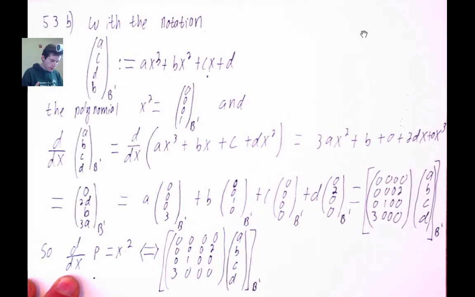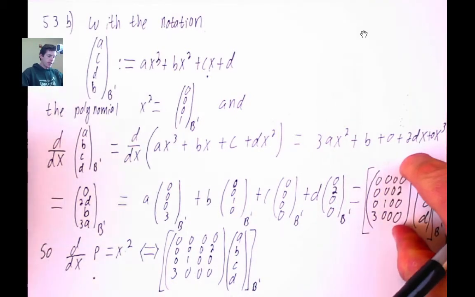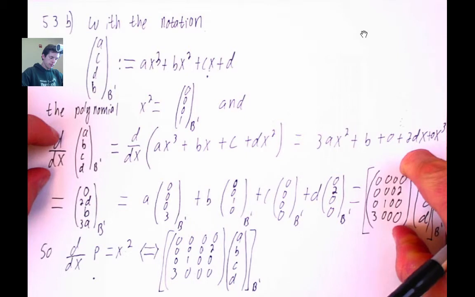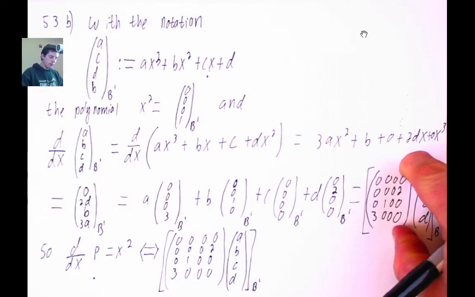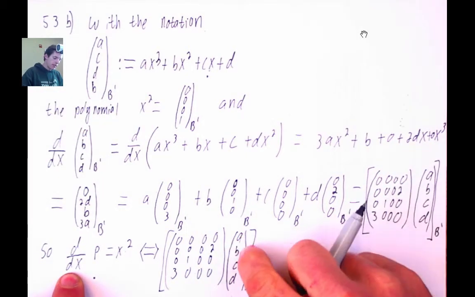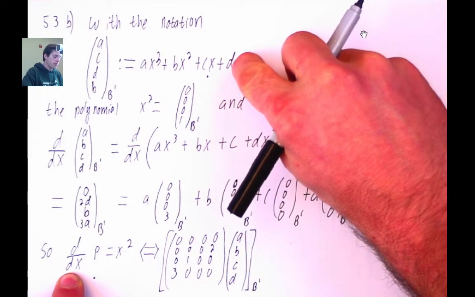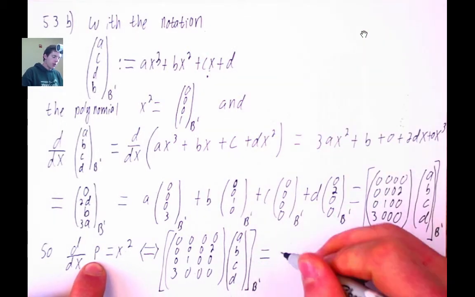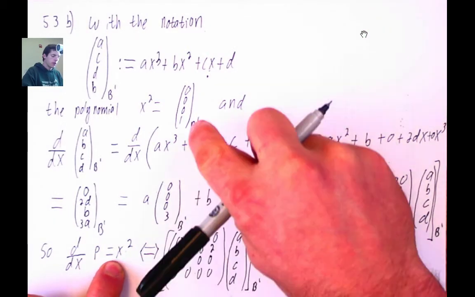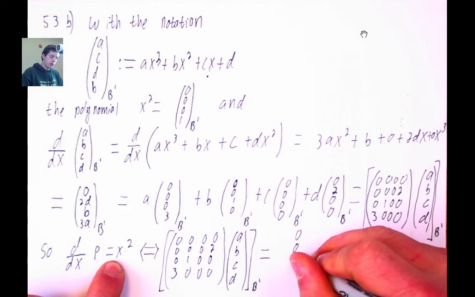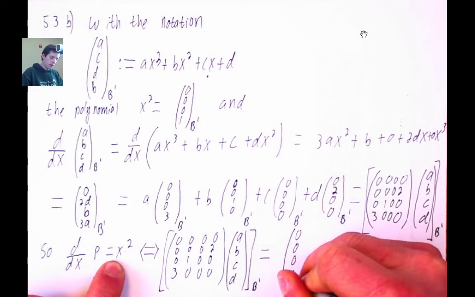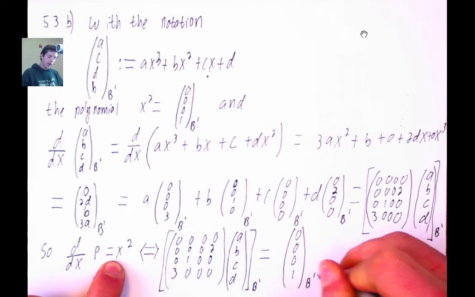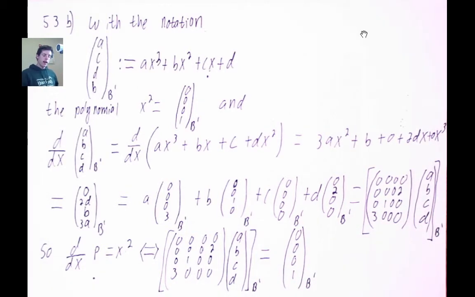See, that is this matrix that stands for the derivative. So that's the left side of the equation, and A, B, C, D is notation for an arbitrary polynomial of third order. And the right side of the equation, I want to denote x squared with this B prime notation, 0, 0, 0, 1, B prime.